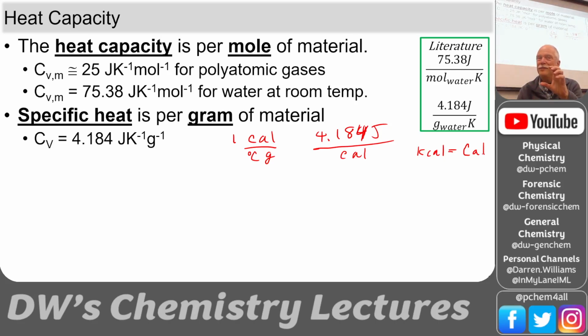If it's a capital C, like on the back of a nutritional label, it's really kilocalories with the lowercase c. So it's 1,000 calories. Yeah. So capital C Cal is 1,000 little cals.